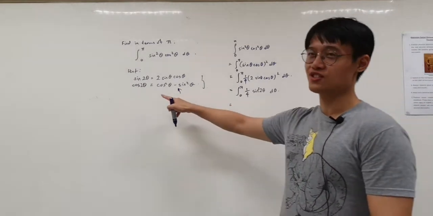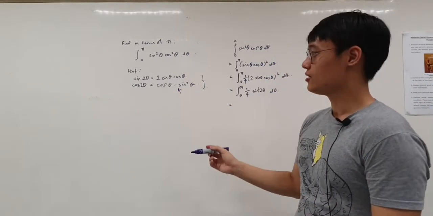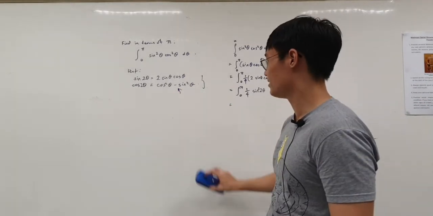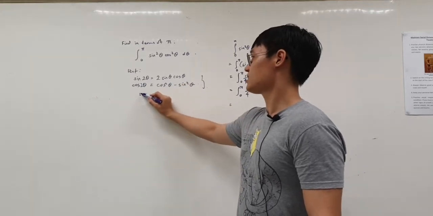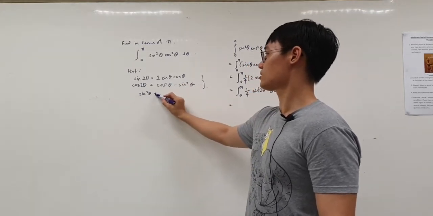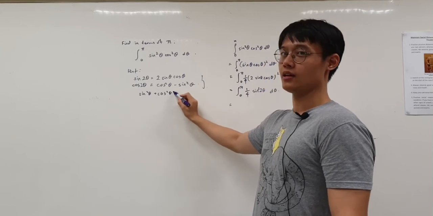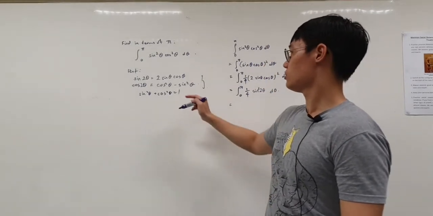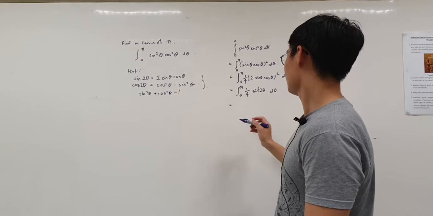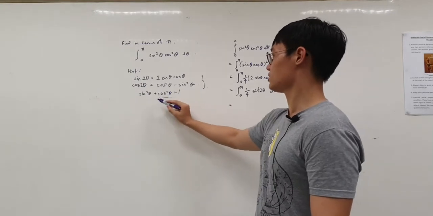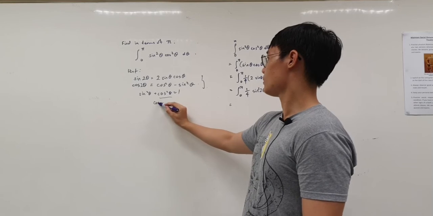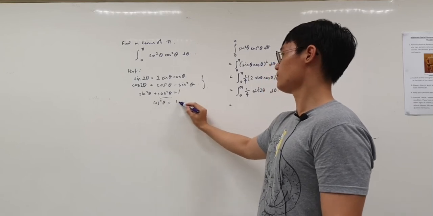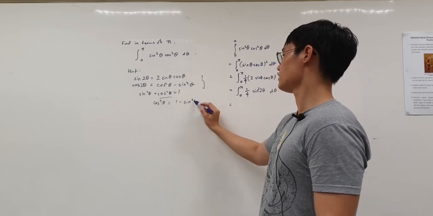Although this is cosine squared minus sine squared theta, we can make this even more versatile. Remember, we can use sine square theta plus cosine square theta equals 1. By substituting cosine square theta, I just bring sine square theta to the other side. So cosine square theta is equal to 1 minus sine square theta.